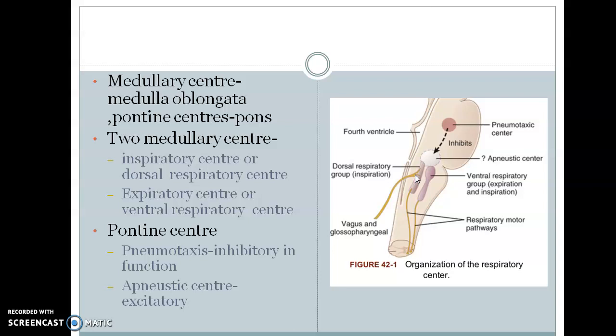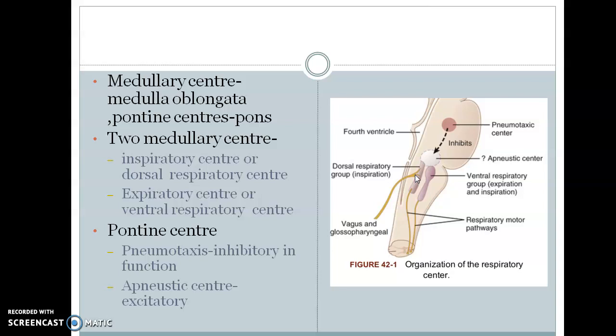At the beginning of expiration, the inspiratory center becomes inactive. And after expiration, it suddenly and automatically becomes active. The pneumotaxic center. Next, what is the pneumotaxic center for?